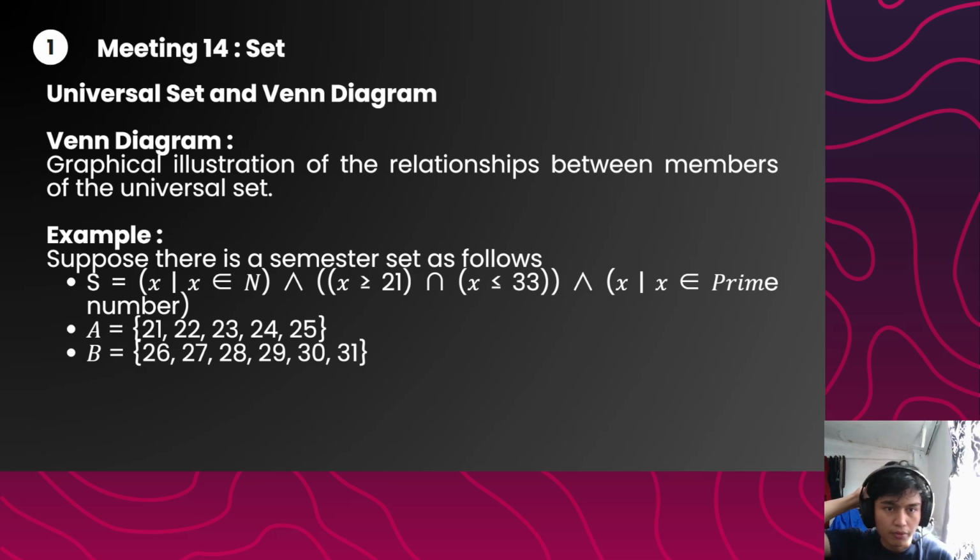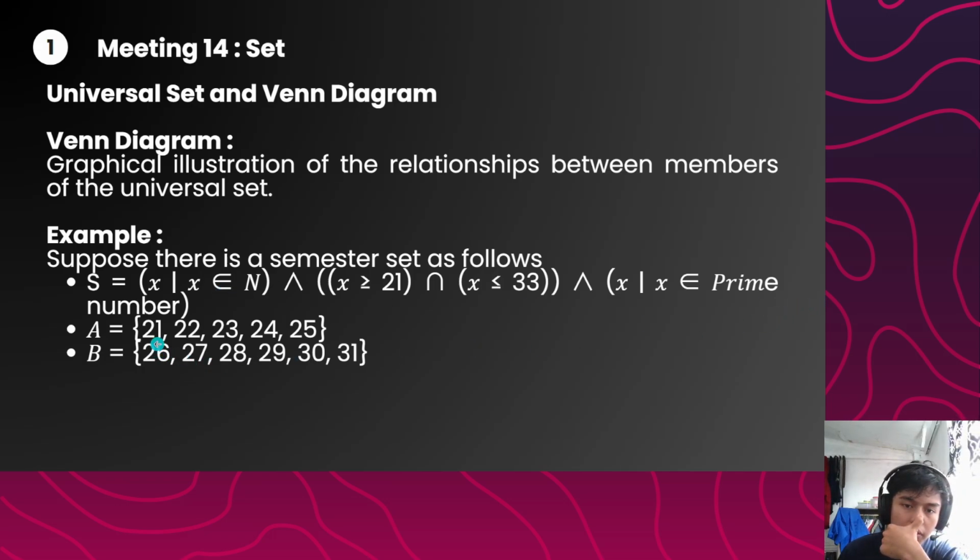And then we have the Venn diagram, which is a graphical illustration of the relationships between members of the universal set. For example, suppose there is a universal set as follows: S = {x ∈ N | x > 21 and x < 33 and x is a prime number}.